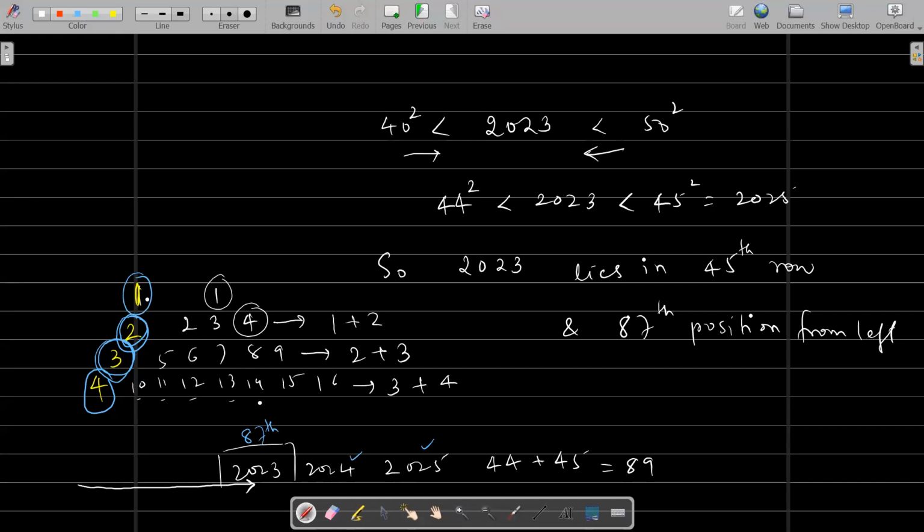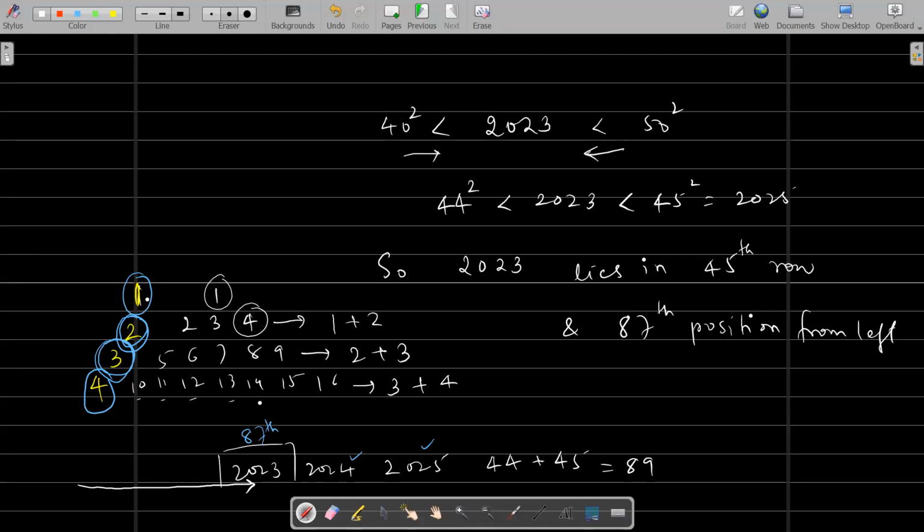So if we follow that pattern, we can find the difference between them, and if we add them both, we get the number of elements in the row, and there is a difference of 2 between 2023 and 2025. So the count is 45 plus 44, which is 89, and 89 minus 2 is 87.